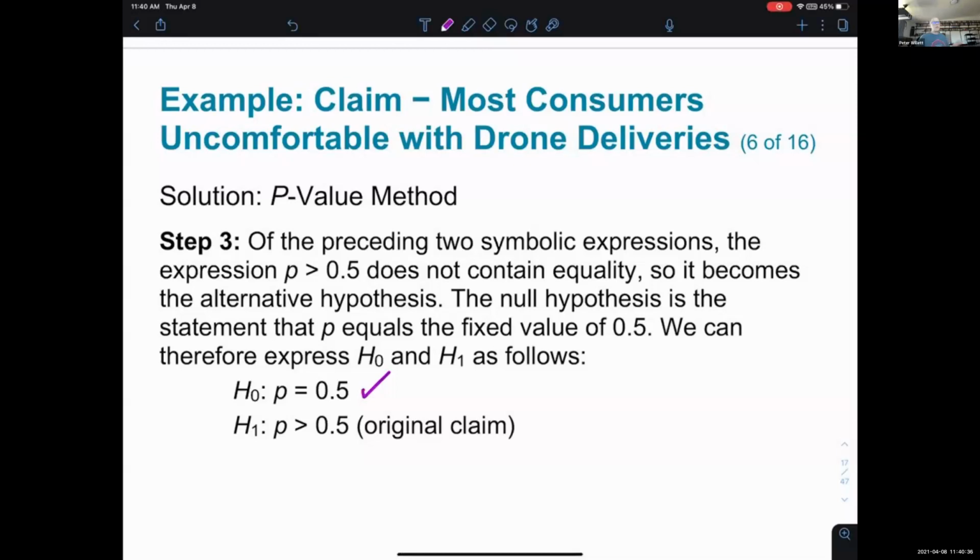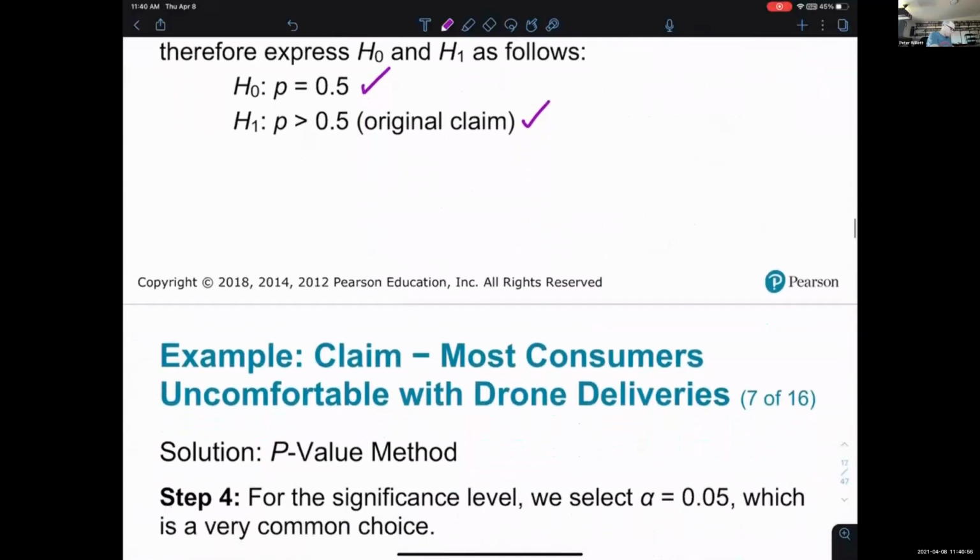In this case, the original claim is greater than, so that's what we choose. So we are able to set up our null and alternative hypotheses. Setting this up is something students are starting to see how to do, but they often still don't understand what it means. I'm going to try to illustrate this in a second. Let's see if the next slide is the place to do that.